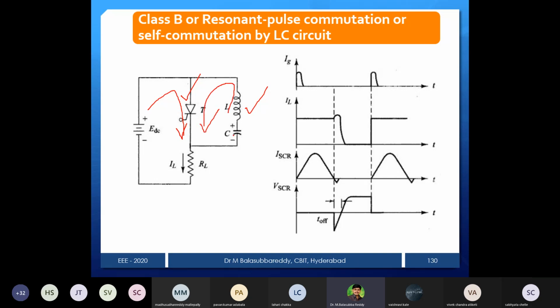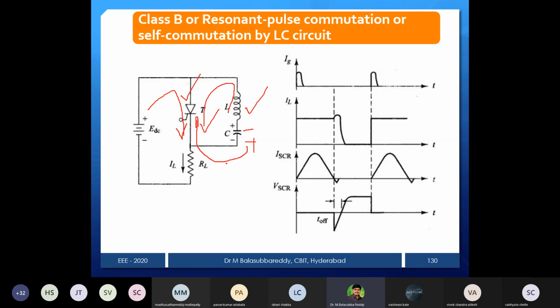And after that, if the capacitor is completely discharged and charges in the reverse direction, then the polarities will reverse. Once the polarities are reversed, the capacitor current flows in the opposite direction through the main thyristor.